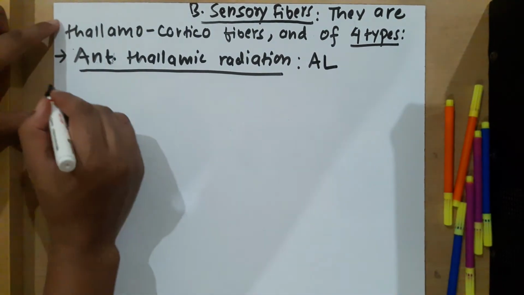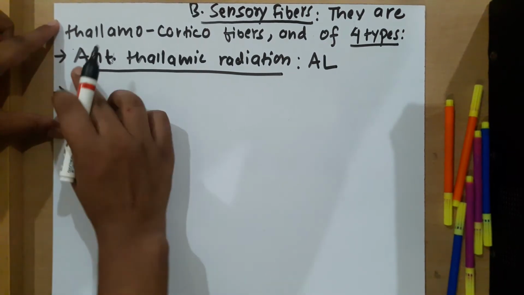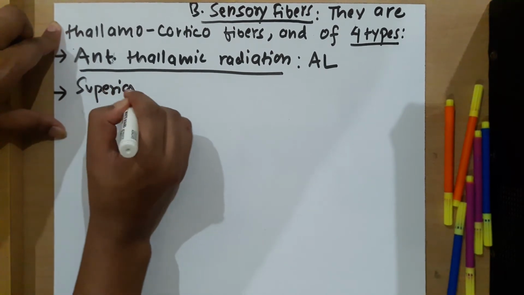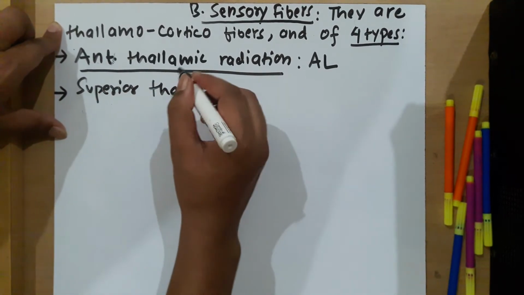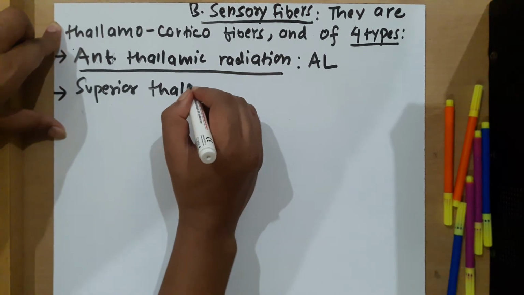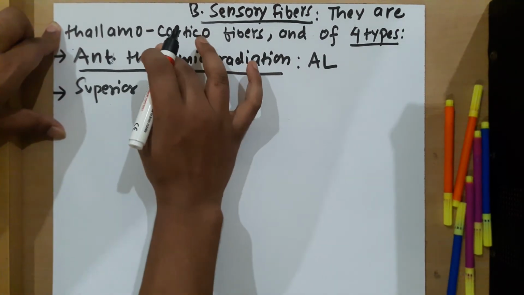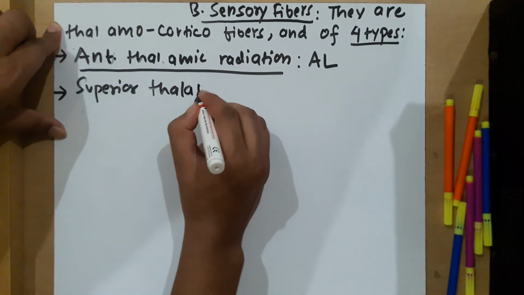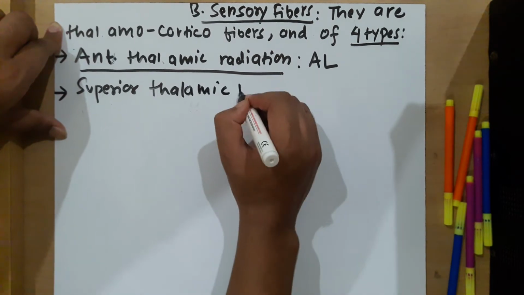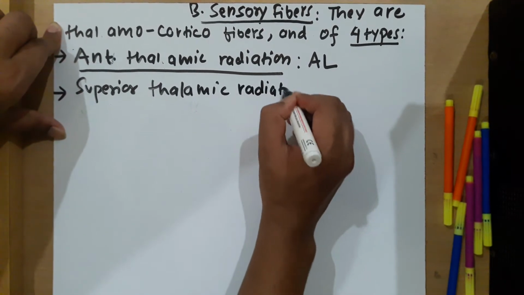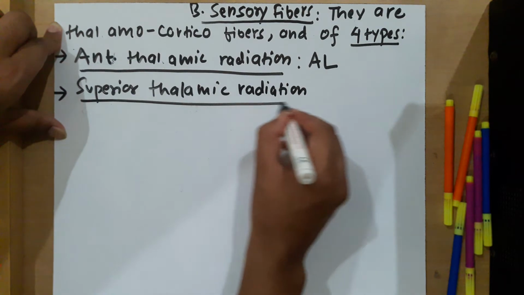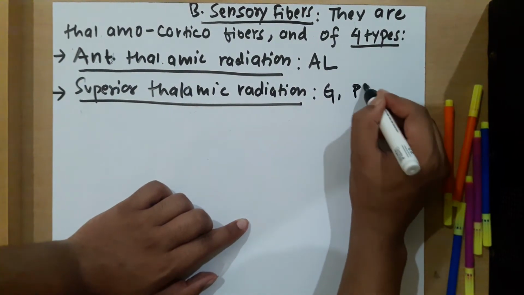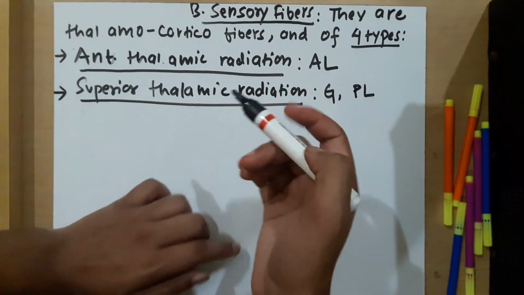Then we have the second one, superior thalamic radiation. This is present in the genu and posterior limb. So the location does not match with the name.